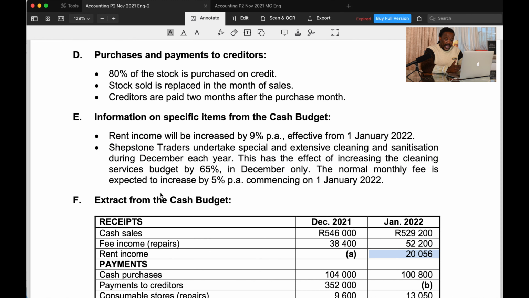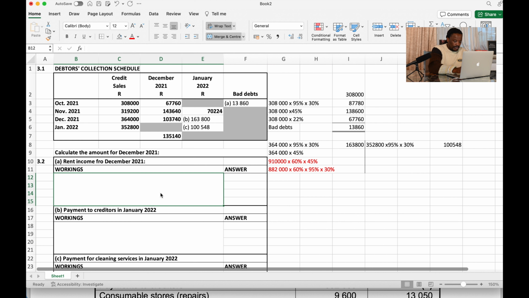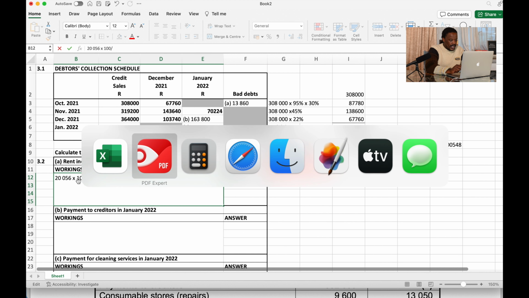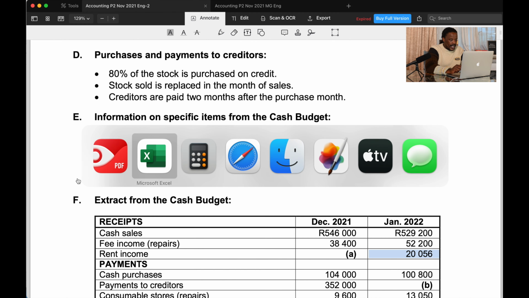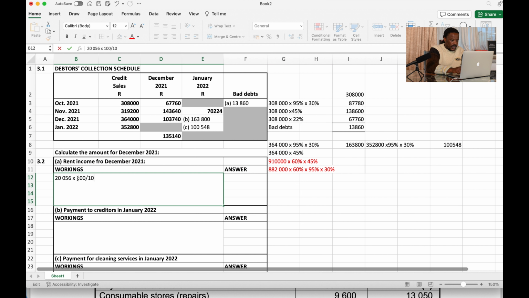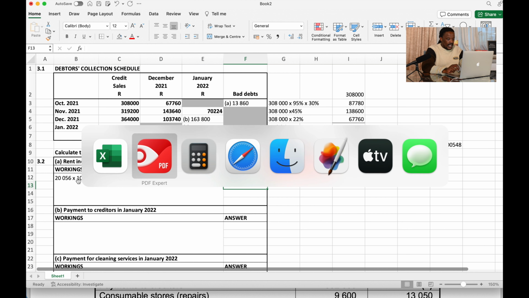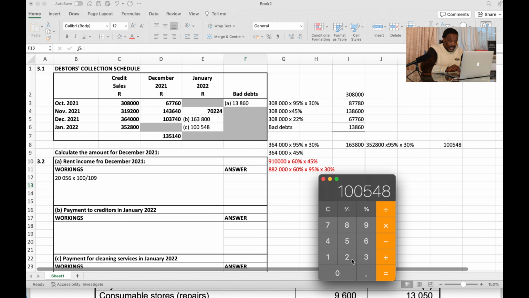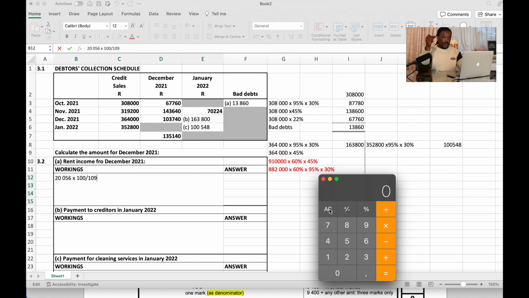There are many methods that you can use. 20056 is the clue that is given, and to deduct that, you're gonna say, okay, 20056 times 100 divided by, what is the percentage there? By 9%, 109. And then once you do that, it will show you the amount that is supposed to be recorded before it was increased.